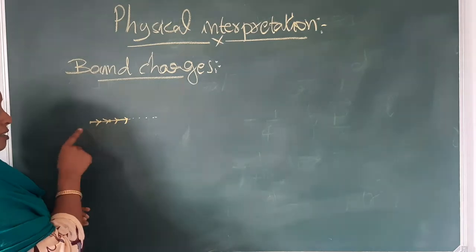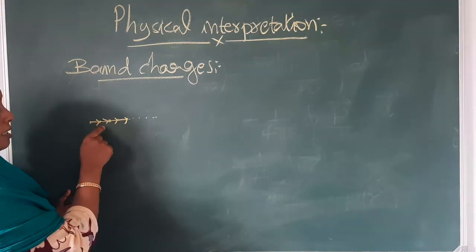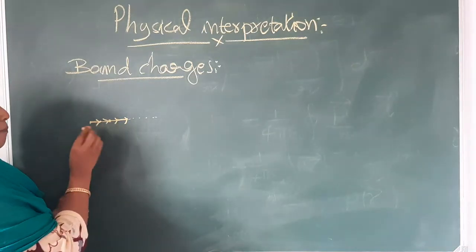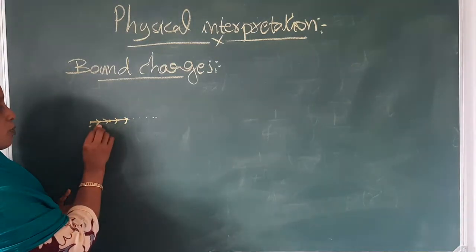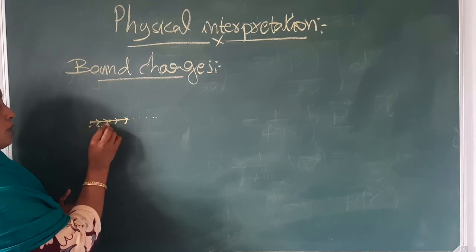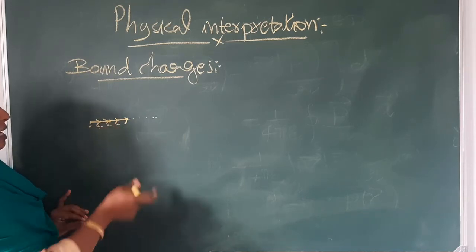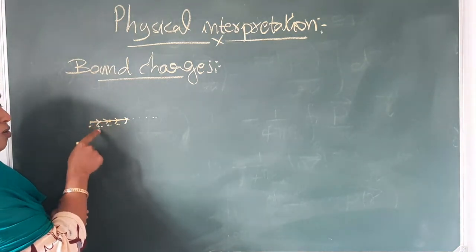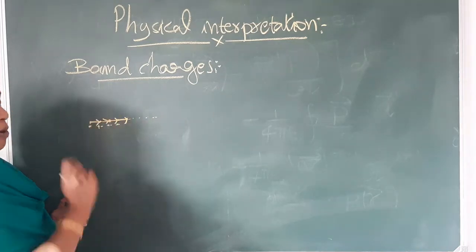We know that a dipole is represented from negative to positive. So here this is negative, this is positive, this is negative, this is positive, like this. So what happens? The head of one dipole is cancelled by the tail of the other, except at the boundary.